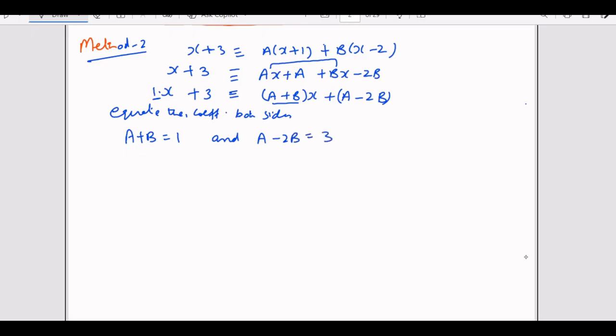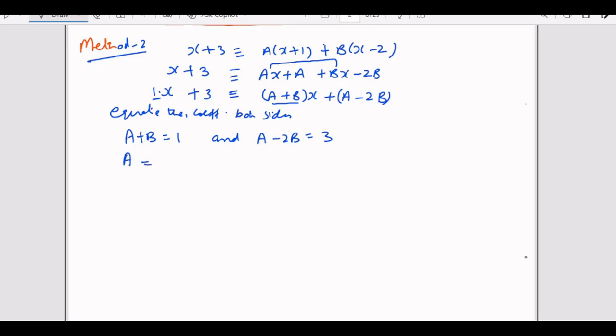So from here we can get the value of a. You can solve it in any way. These are two simultaneous equations. You can get the value of one and substitute in the other, or you can even solve it as simultaneous equations to find out the values of a and b.